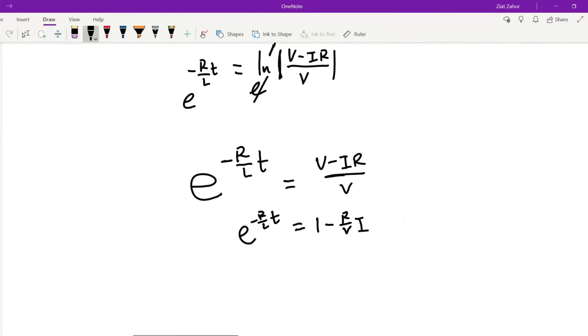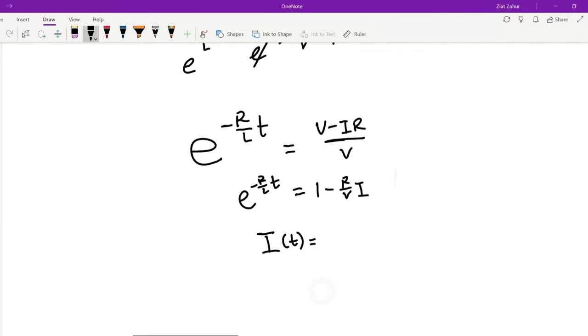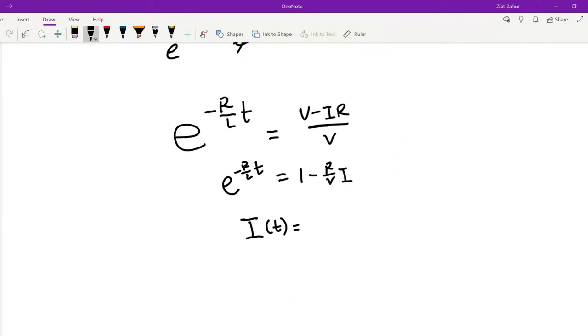Move things around so you get I by itself, I as a function of time. And then, oh yeah, multiply by the reciprocal, so V over R times 1 minus e to the negative R over L t.